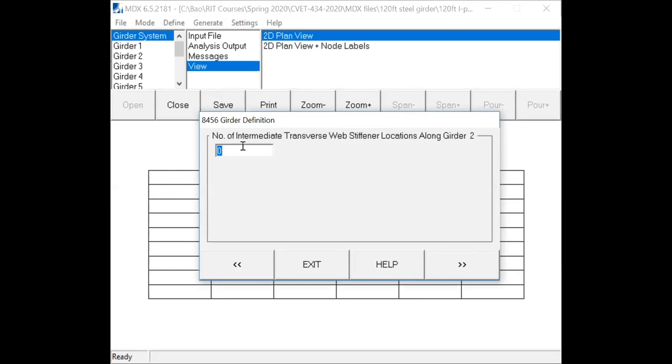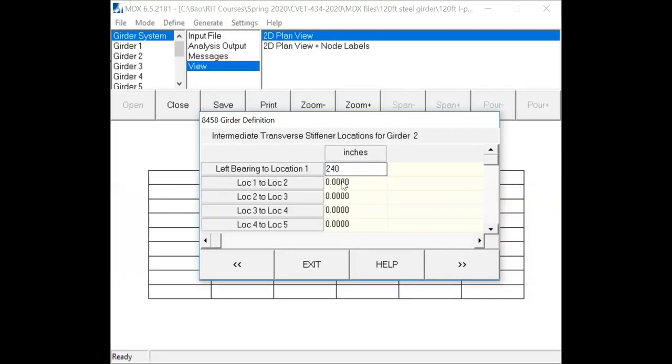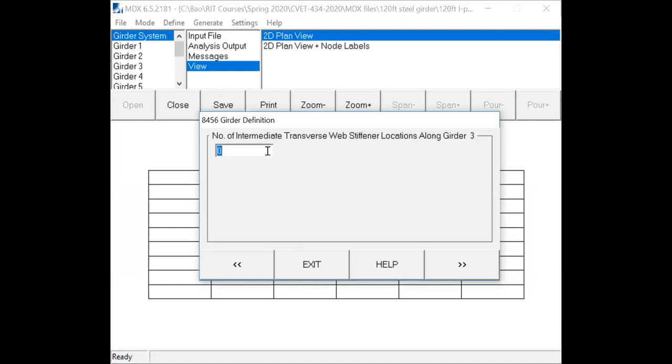And the number of intermediate transverse web stiffener locations along girder 2 is 5. Just repeat this. The location is 20 feet. Change that to 240 inches. Same thing for girder 3.